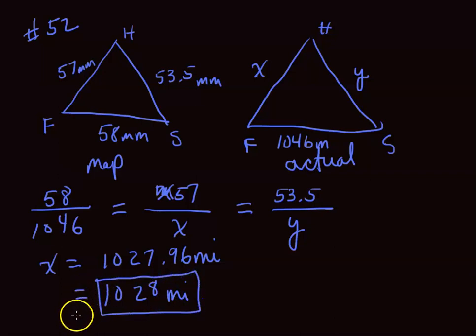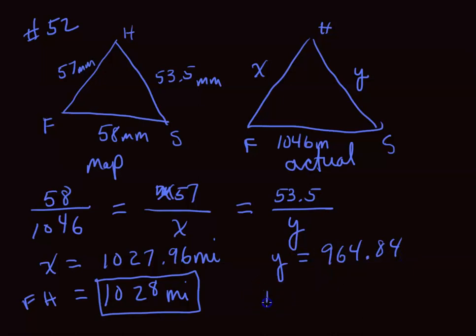This is from Fort Lauderdale to Hamilton. And for y, we'll get 964.84. Round that to the nearest mile.